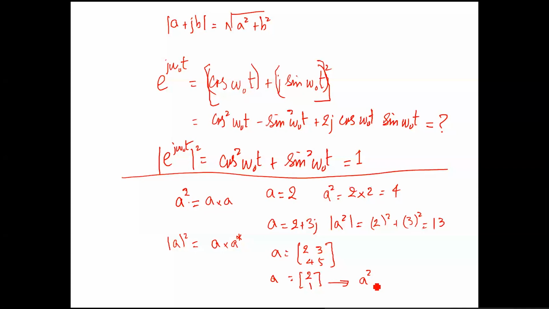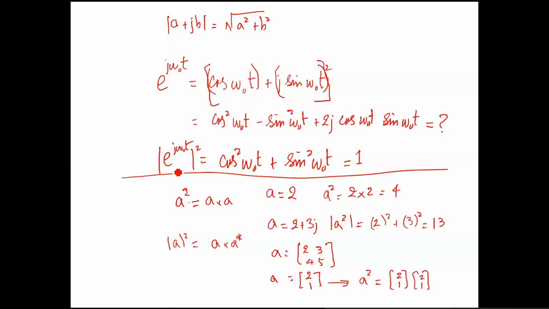If you try to find a square by the initial logic, it will be 2 into 1 into 2 into 1. Can they be multiplied? Yes or no? They cannot be multiplied because of the row and column thing. So what happens in case of a matrix?